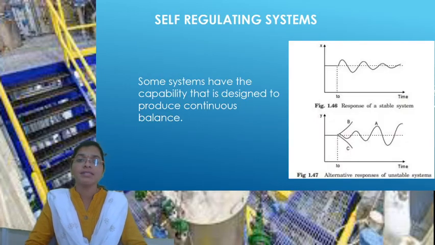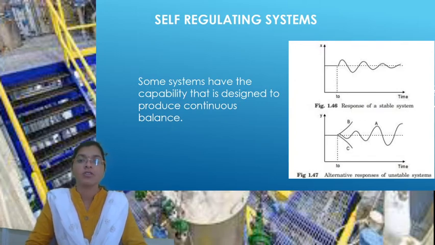So what is meant by self-regulating? I already told you that regulating is nothing but changing the values according to the user requirement. We tune or change the values according to our requirement; that is called regulating. So what is meant by self-regulating? For example, a system performs the operation and generates the output.